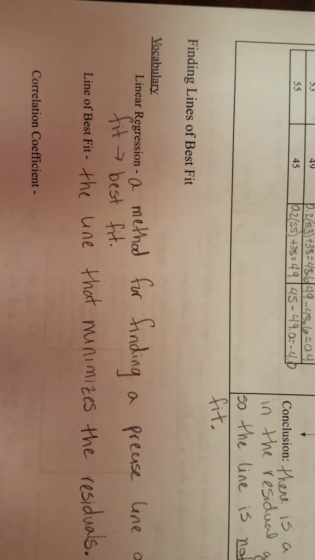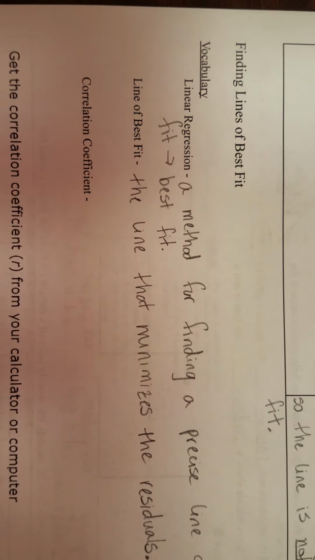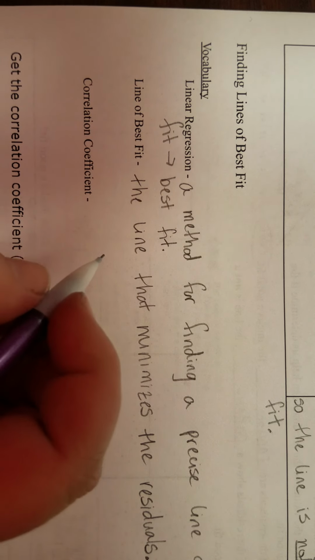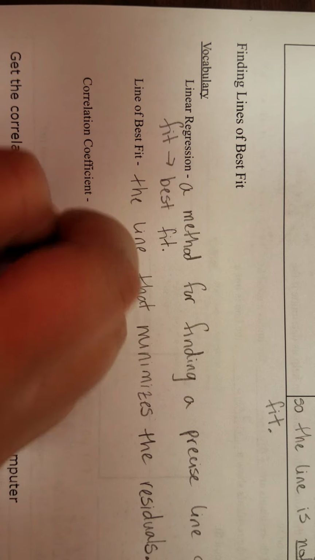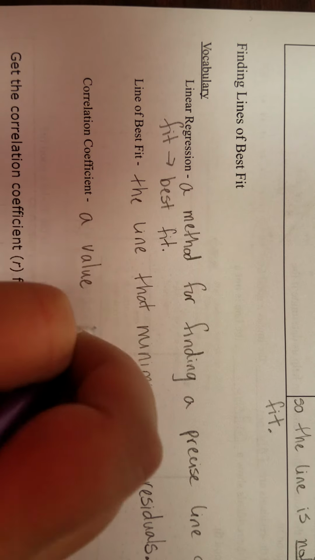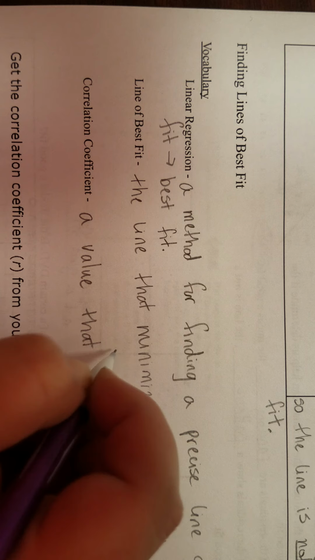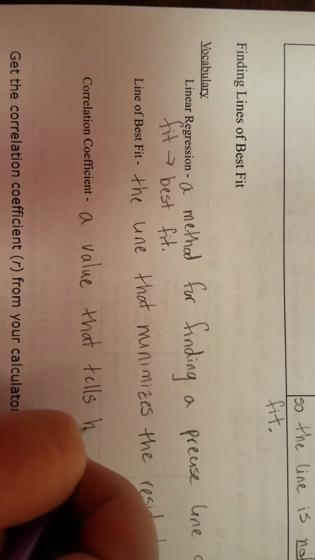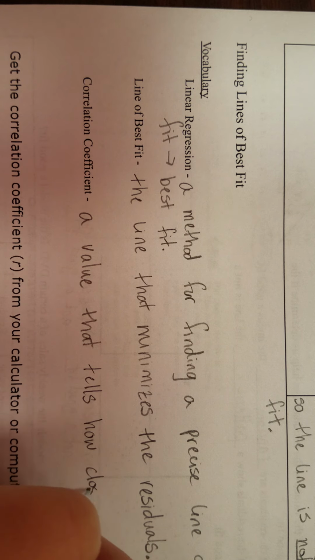And whenever we have a line of best fit, we have what's called a correlation coefficient. So this correlation coefficient is a value that tells how closely the line models the data.